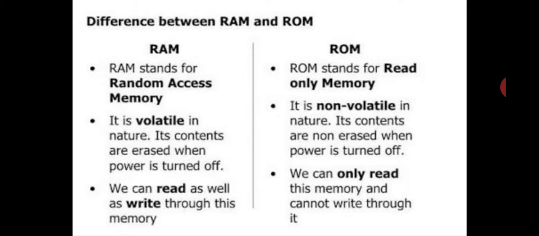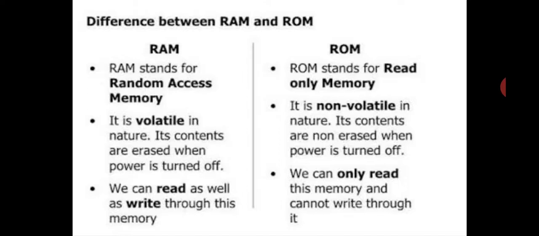Its contents are not erased even when the power is turned off. The basic difference between RAM and ROM is that we can read and write through RAM, whereas ROM, as the name suggests, can only be read and we cannot write through it.